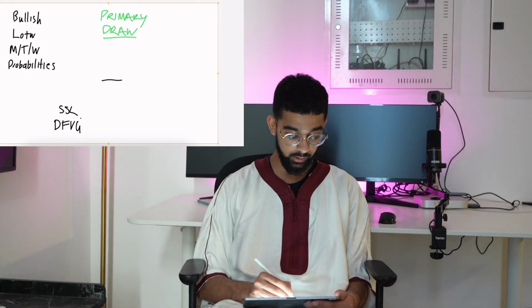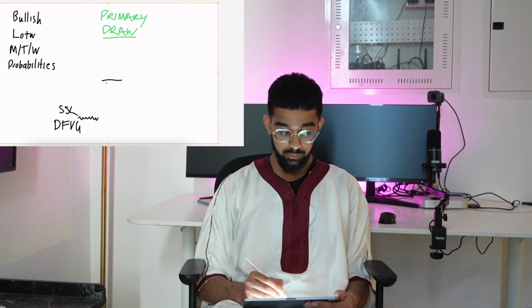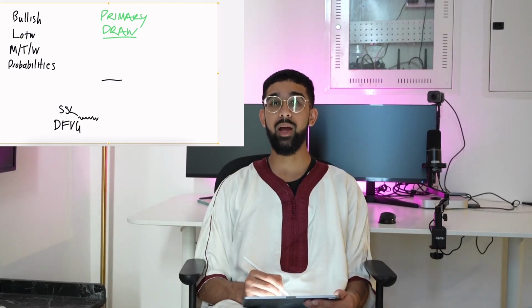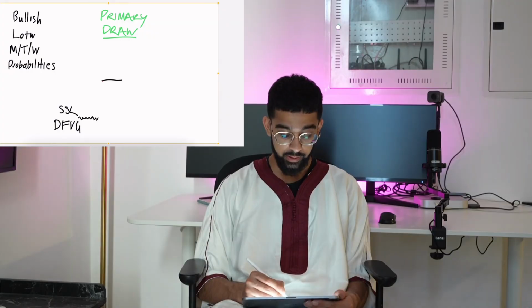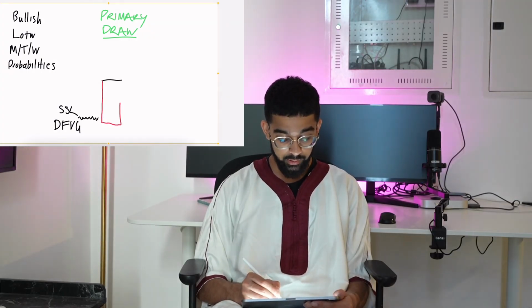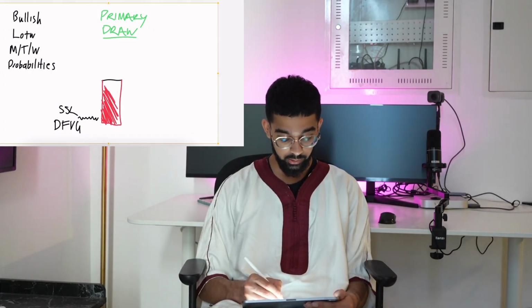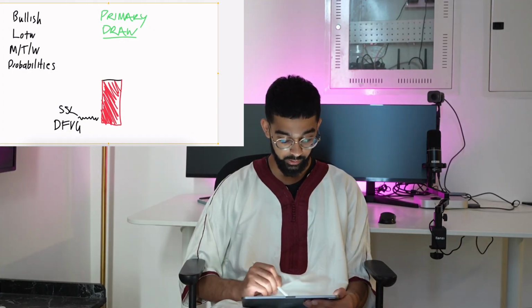Okay, daily fair value gap is over here, and it's a sell side liquidity pool. And let's say this is the area that is in the market. So price wants to expand higher for the week. Where is the low of the week going to be created? So most likely price is going to tag this area, take the liquidity, right? So this is a bearish candle, as you guys can see, that's what I'm drawing over here.